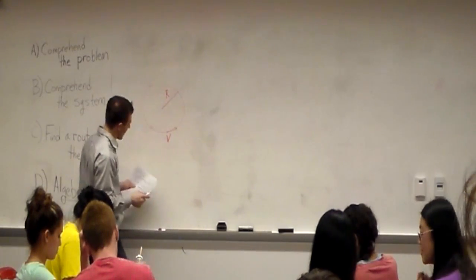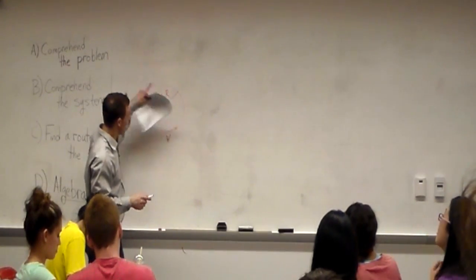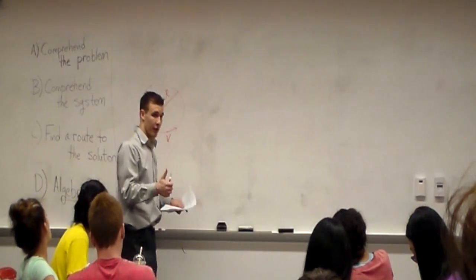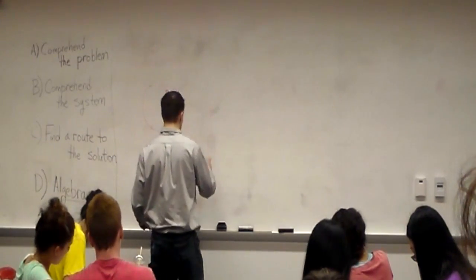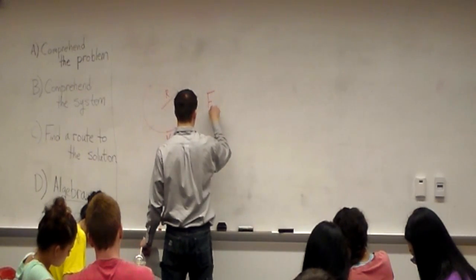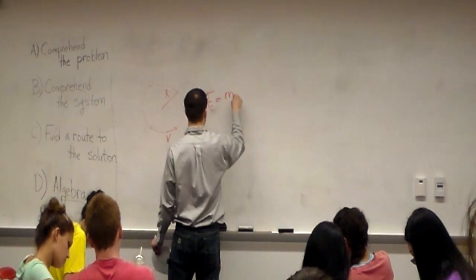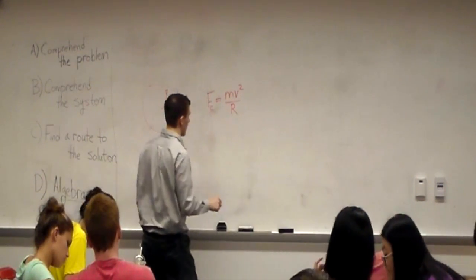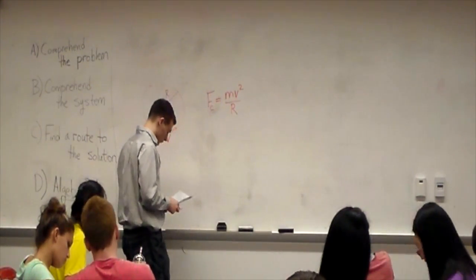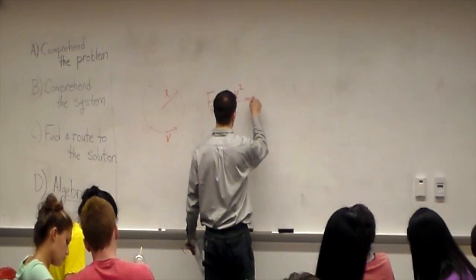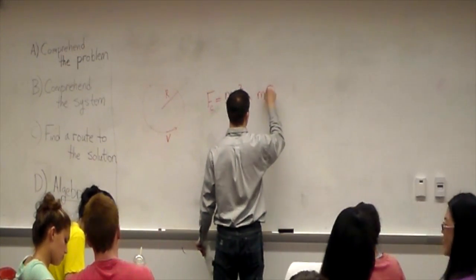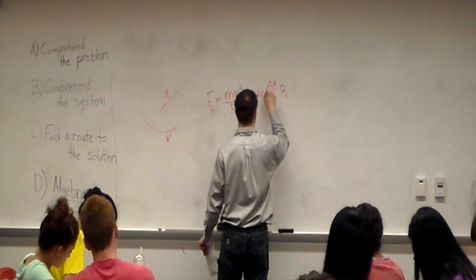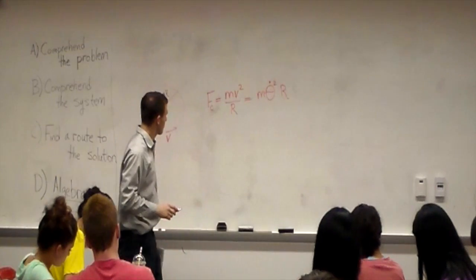If a mass is moving with speed v in a circle of radius r, and there is a net force on it, that net force is equal in magnitude to mv squared over r, which is also equal to m theta dot squared times r, if you remember our definitions for some of these things.